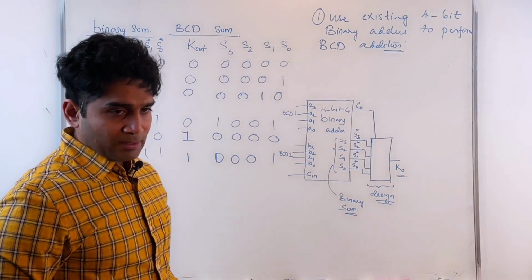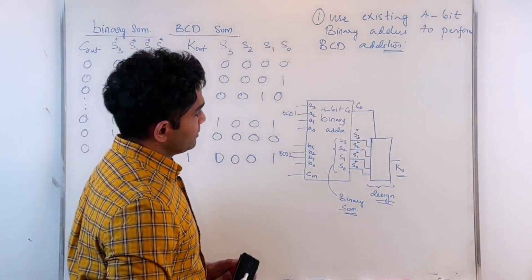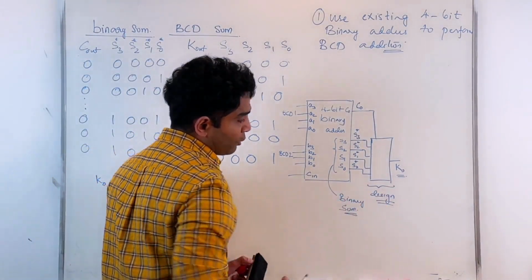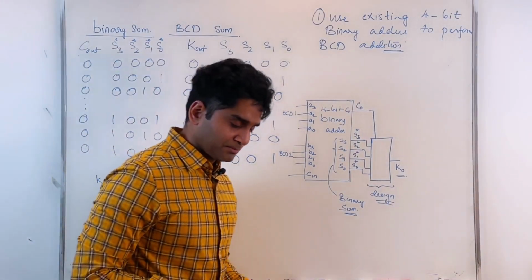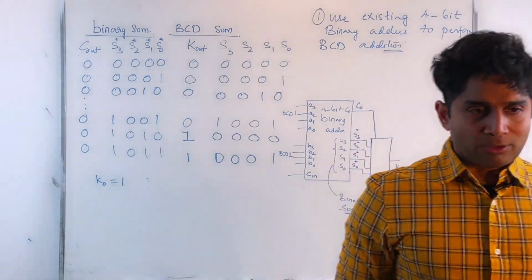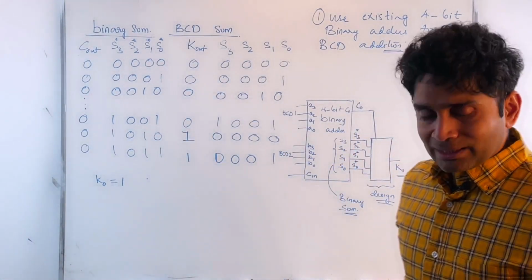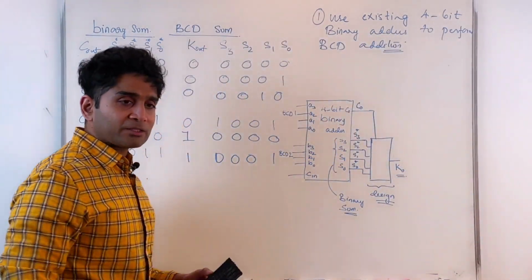Let me repeat this. I'm trying to design this logic decision circuitry that would tell me when my sum is larger than 9.